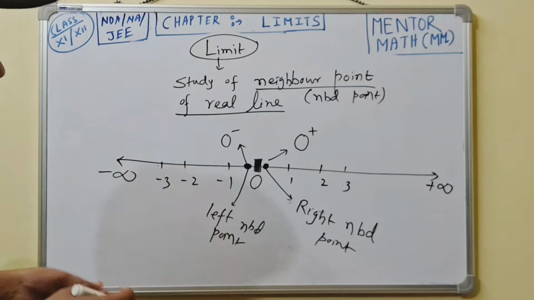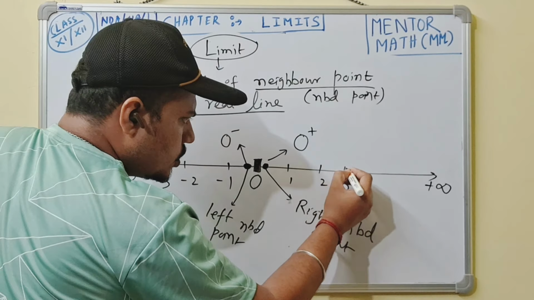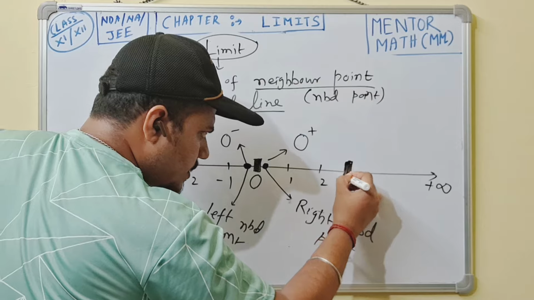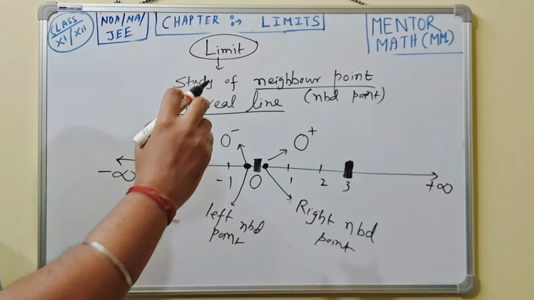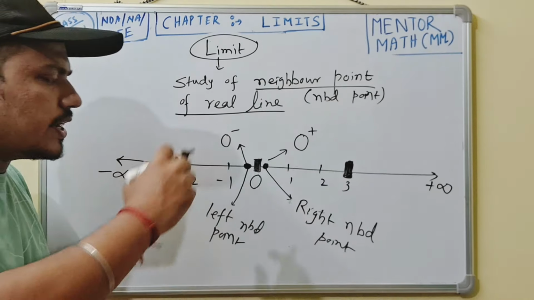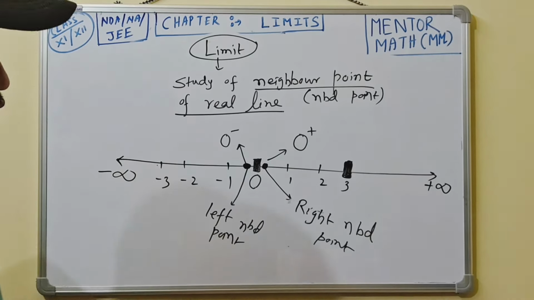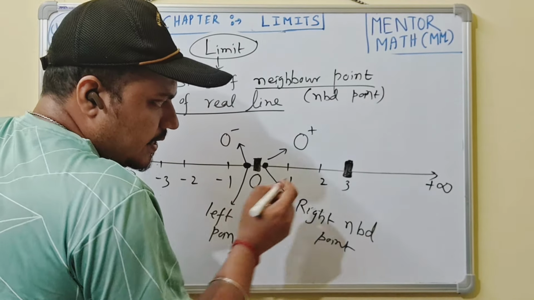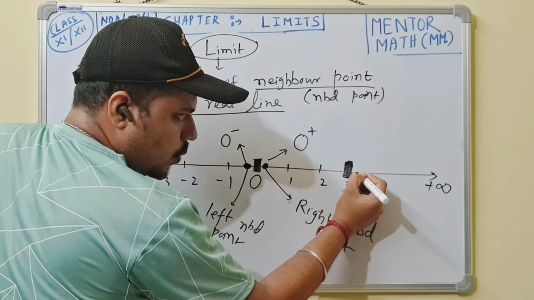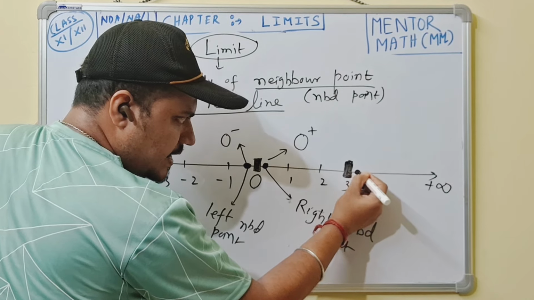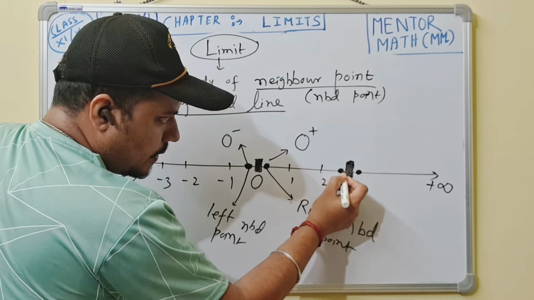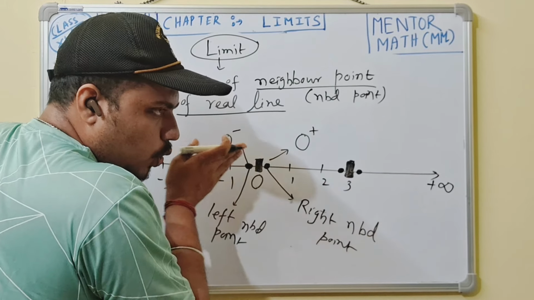In a similar way you can take the point 3 also. If I take the point 3, we have to discuss the neighbors of 3. Basically there are two neighbor points: one from the right side close to 3, and one from the left side close to 3.